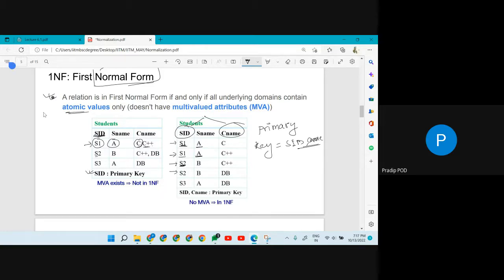S2 is repeated, B is also repeated. So that is redundancy, right? As we saw in the previous example, update anomaly or delete anomaly may occur due to this. So then we go for the second normal form. The second normal form will resolve this one.